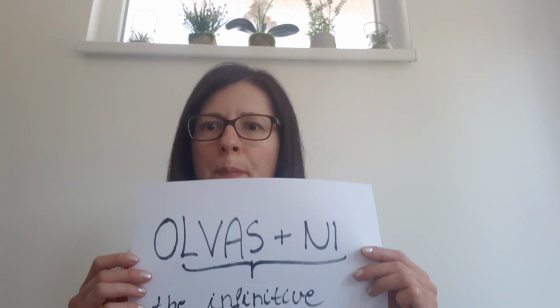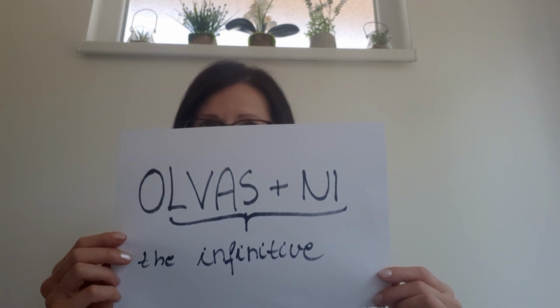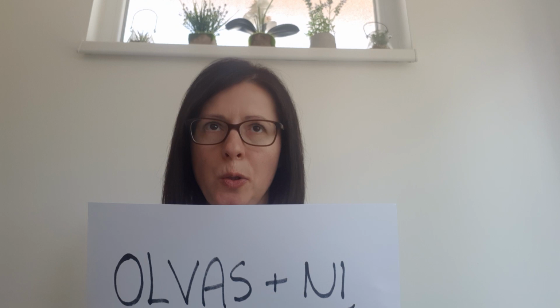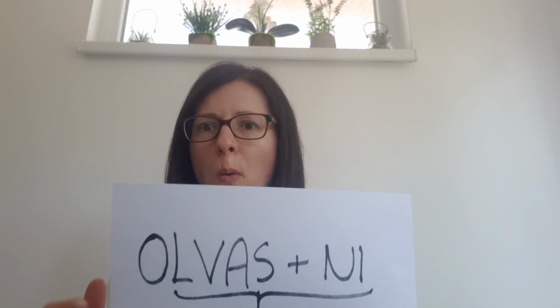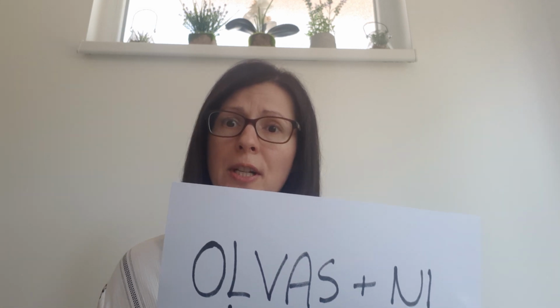Let's take a closer look at the conjugation. Olvas means read in Hungarian. This form is used for the third person, so when we want to say he or she is reading or she reads, it sounds in Hungarian, ő olvas. Hungarian has only one present tense.